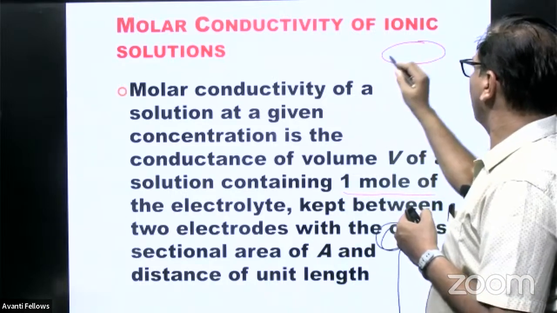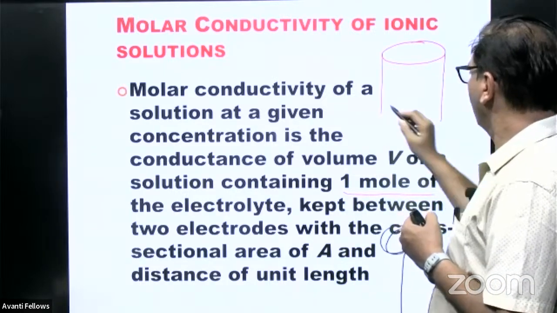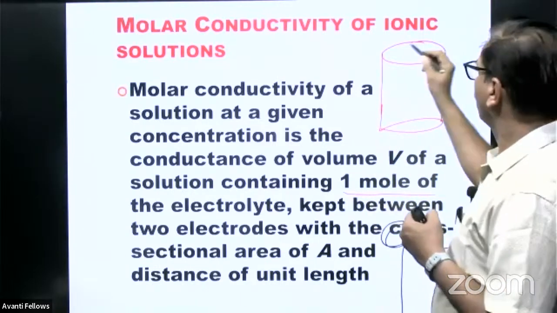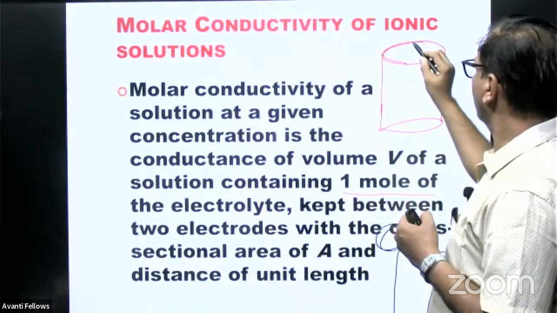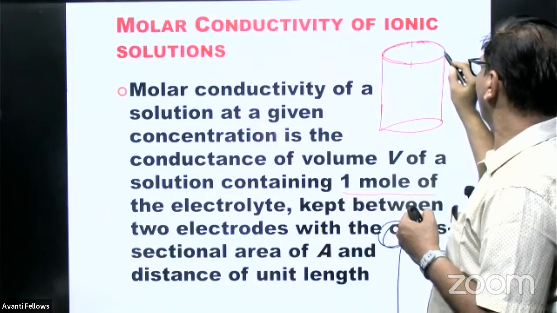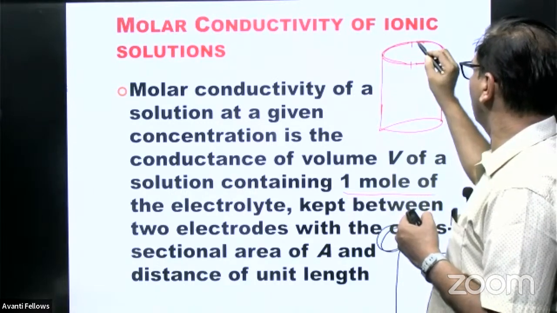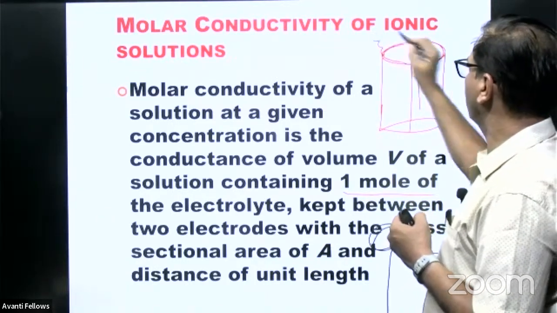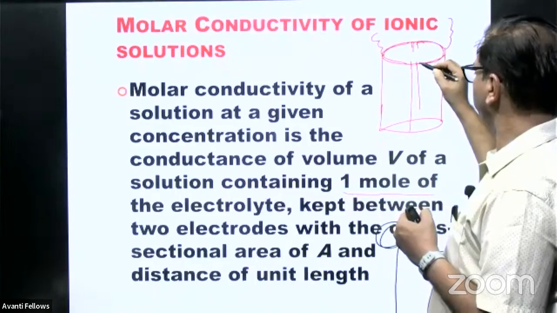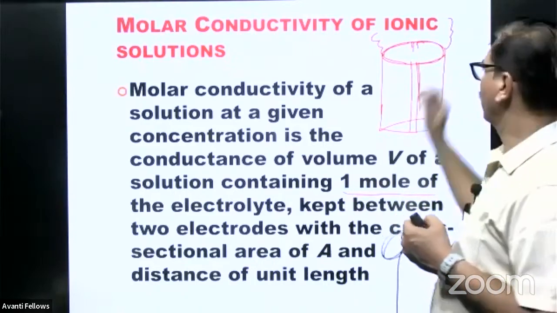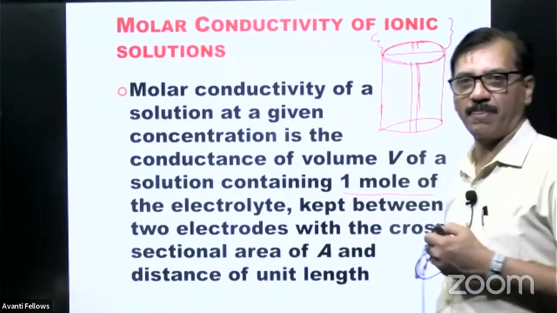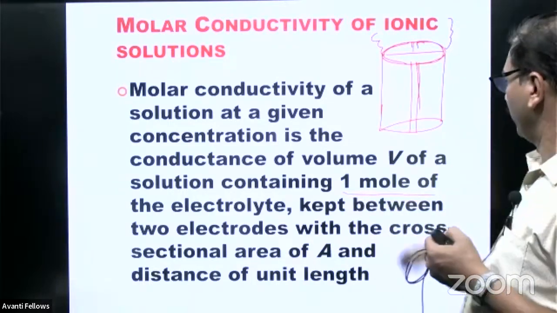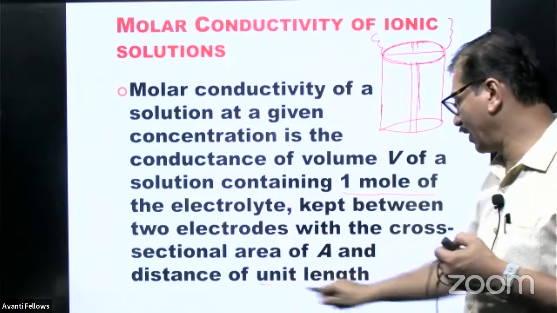Suppose you think that there is a vessel like this. So this is one electrode, and this is another electrode, and both of these are insulated, right? Insulated in the sense this side and this side won't touch. So this diameter is 1 meter, say, so that is of unit length.